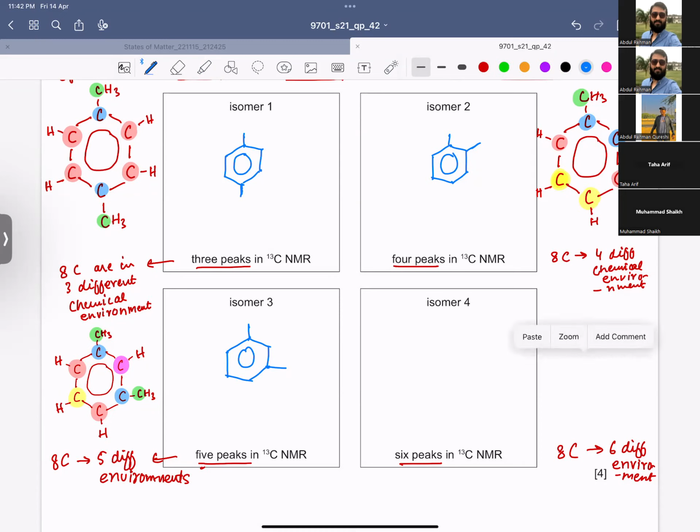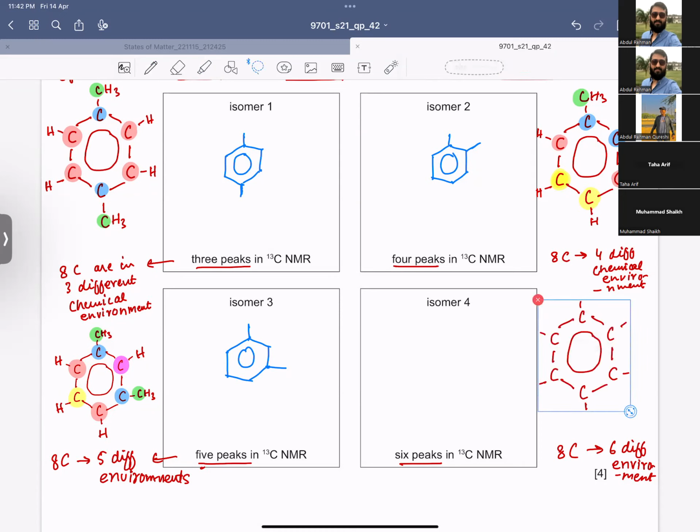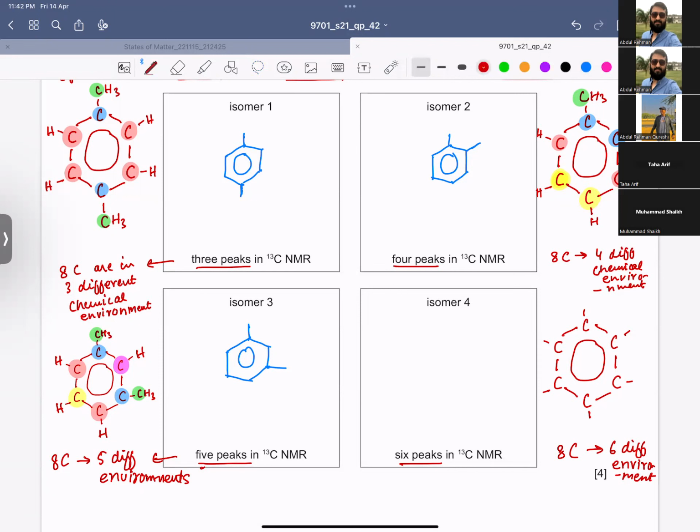Now, the next possibility: we can't place two carbons on the benzene ring like we did earlier. So there is another possibility that a carbon of the benzene is bonded to a CH2 and that CH2 is bonded to a CH3. And then all of the rest of the carbons have hydrogens on them.